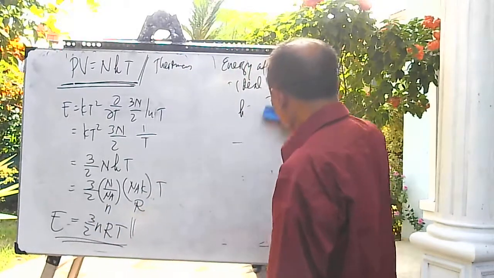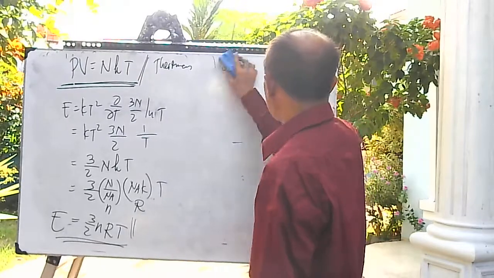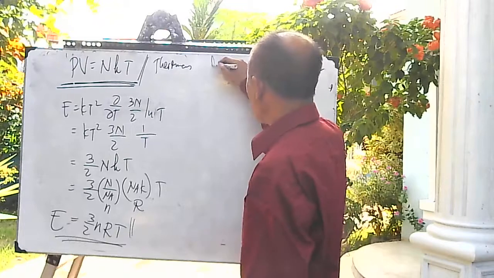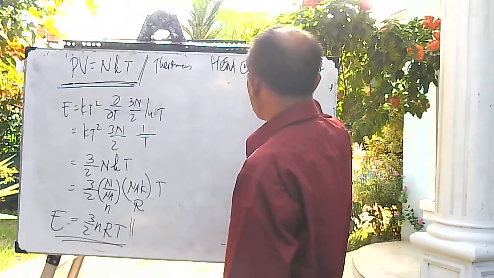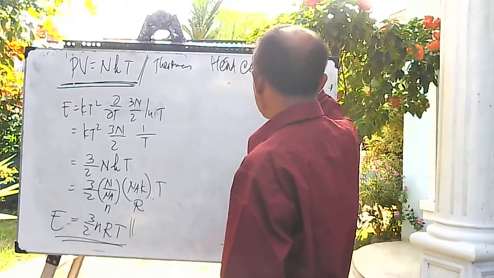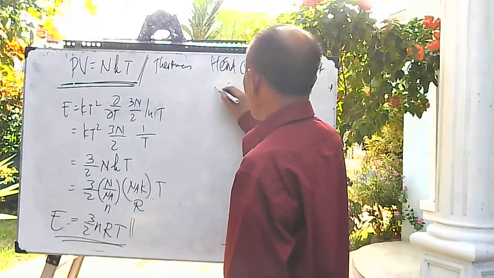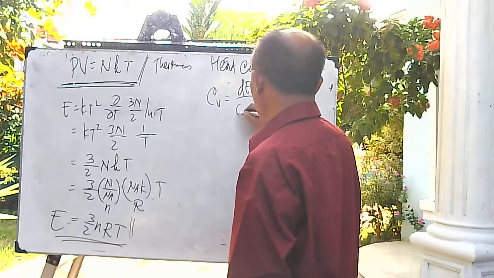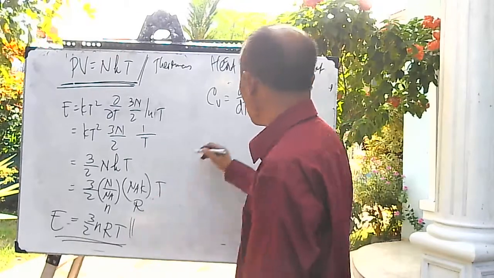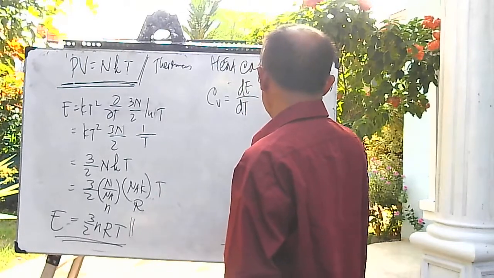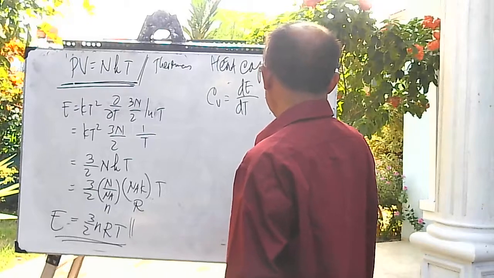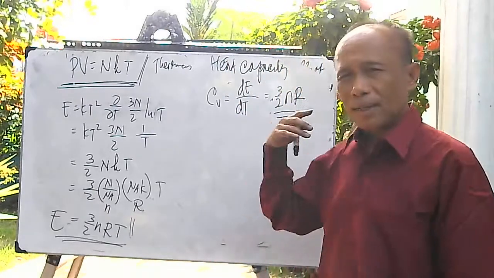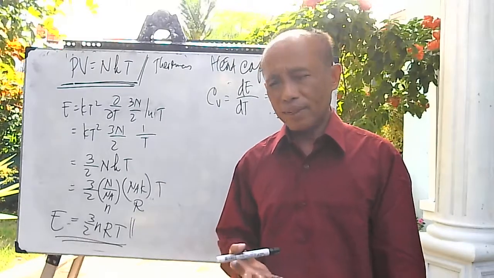Now finally, we will determine what is the heat capacity of an ideal gas. It is very simple. Heat capacity is the derivative of energy against the temperature. We use this one. This becomes 3 over 2 nR, and so this is the heat capacity of ideal gas. We have also learned this in undergraduate level.